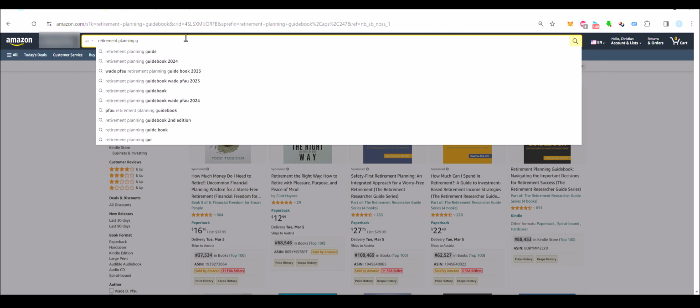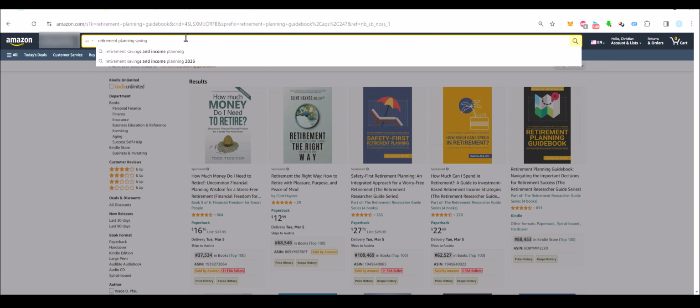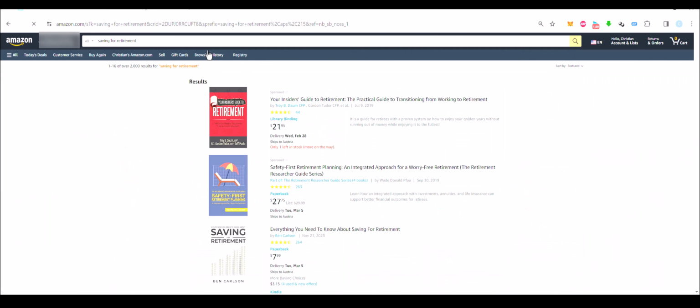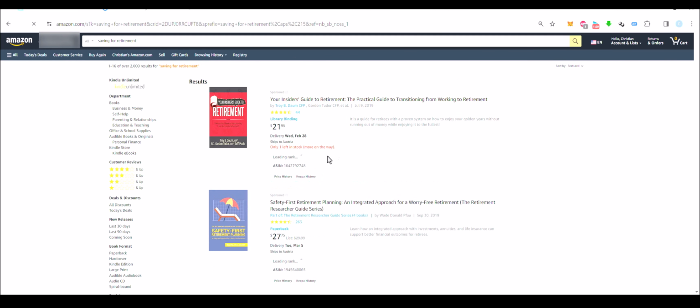Retirement planning, saving, retirement savings and income planning, saving for retirement. Okay, and I'll also search here.